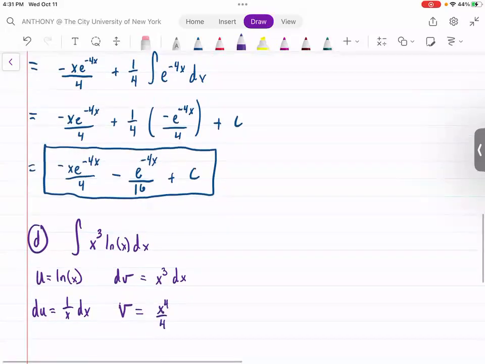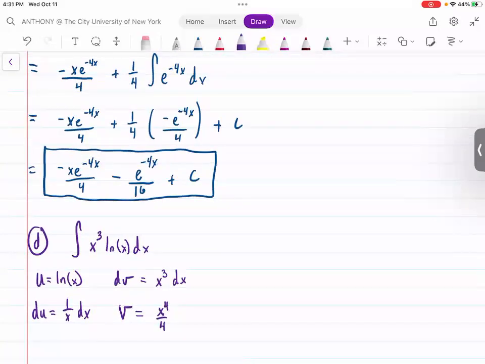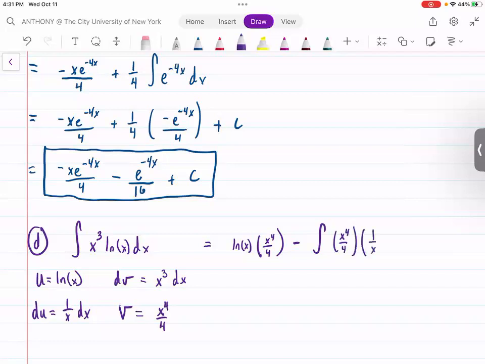Okay, so by integration by parts, our current integral is equal to u times v, so that's ln of x multiplied by x to the fourth over 4, minus the integral of v times du. So we have x to the fourth over 4 multiplied by 1/x dx.